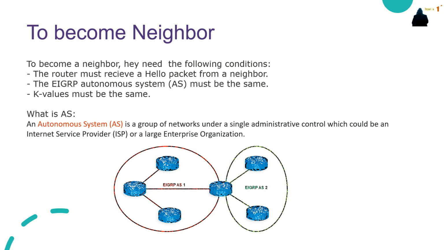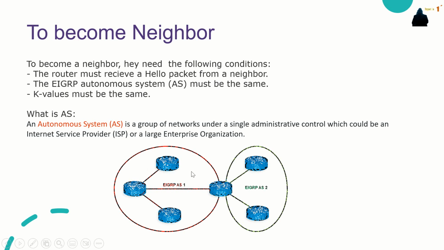AS, or autonomous system, is a group of networks under a single administrative control, which could be an ISP or a large enterprise organization. An IGP refers to a routing protocol that handles routing within a single AS, including RIP, IGRP, EIGRP, and OSPF.